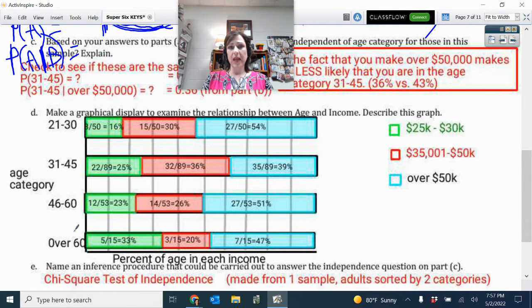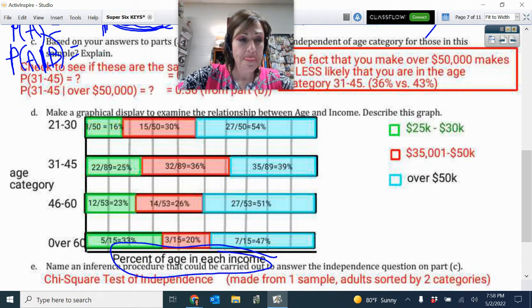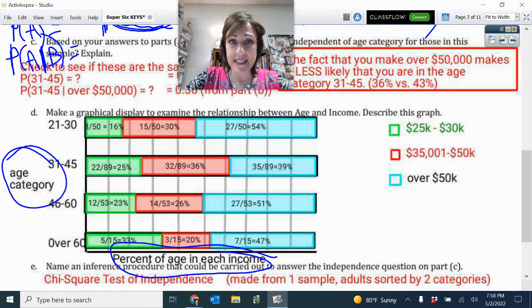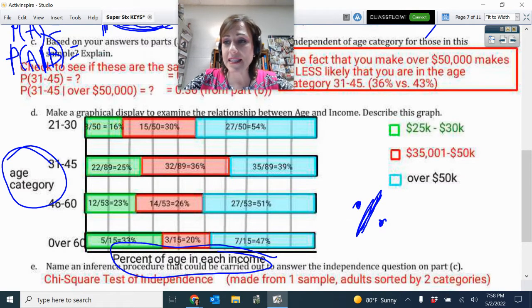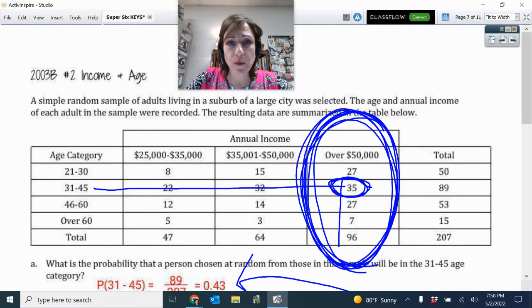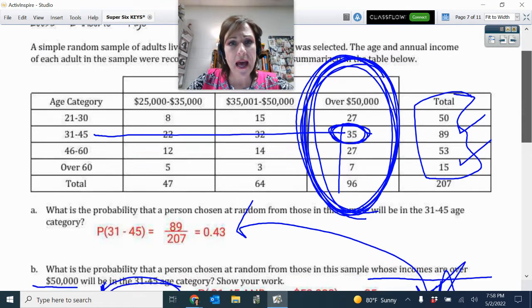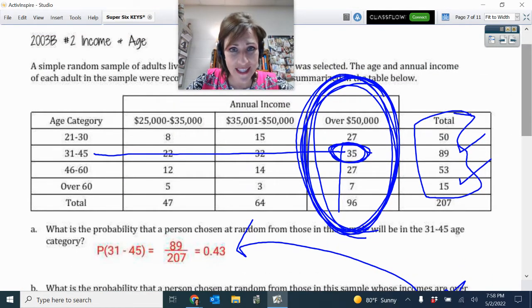But the point is, I expect to see labels, okay, on both of the axes. I also expect to see this done in percentages, okay? Because it is not really plausible for me to be comparing groups that have anywhere from 89 to 15 in them, without making them into percentages.